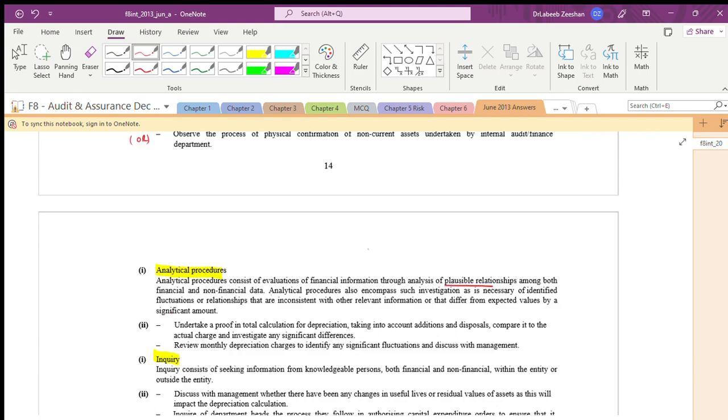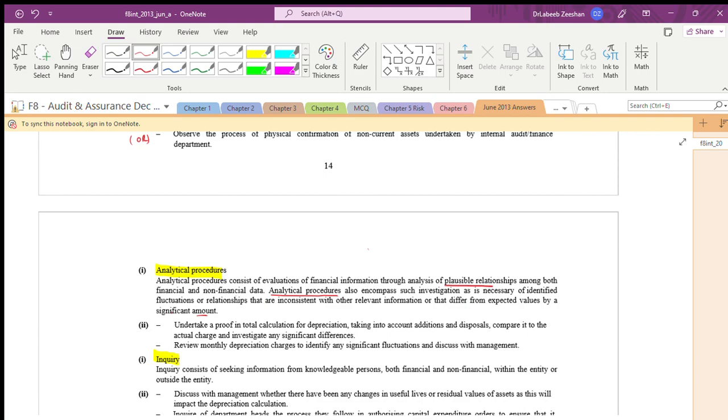Analytical procedures also encompass investigation, which is necessary with respect to fluctuations, that is, relationships that are inconsistent with other relevant information or differ from expected values by a significant amount.